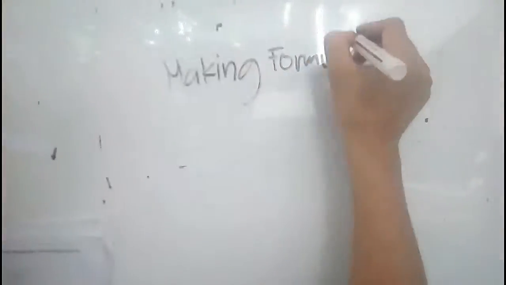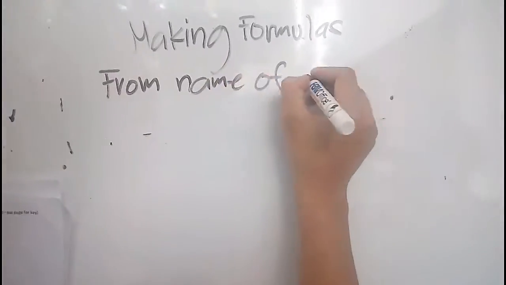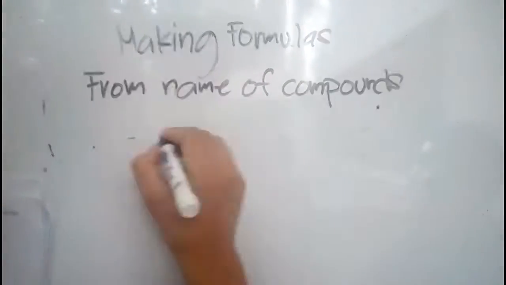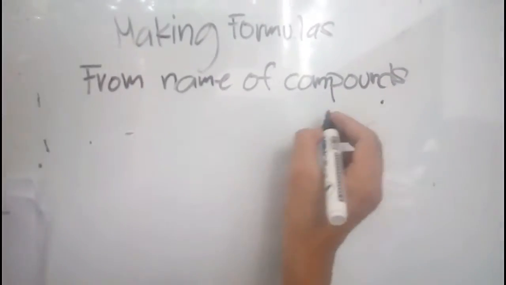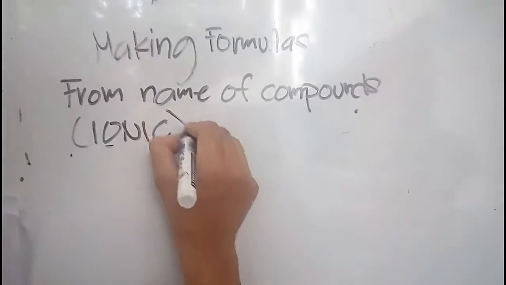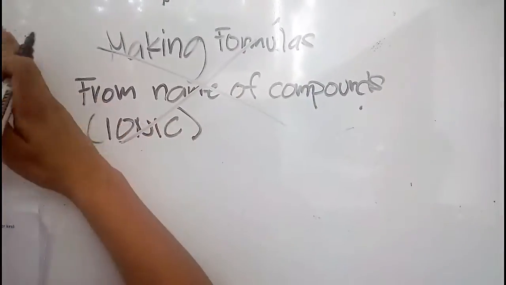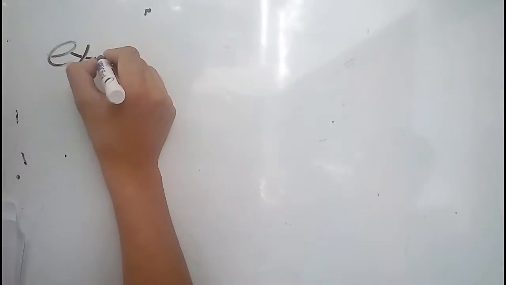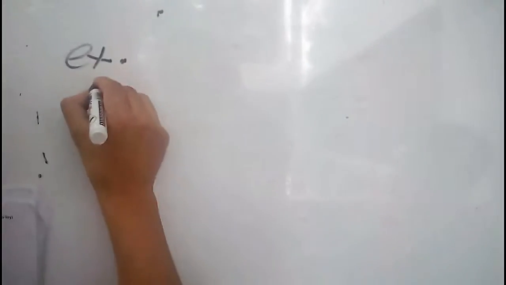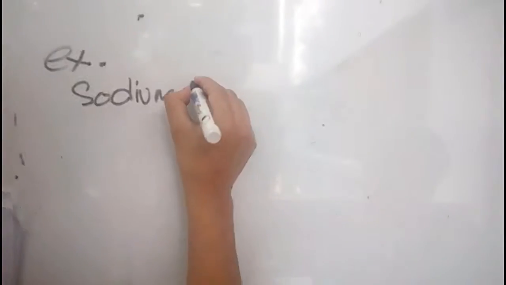Now, the next thing we're going to talk about is making formulas from the name of ionic compounds. Here is an example.